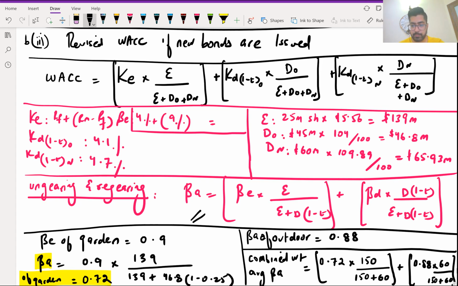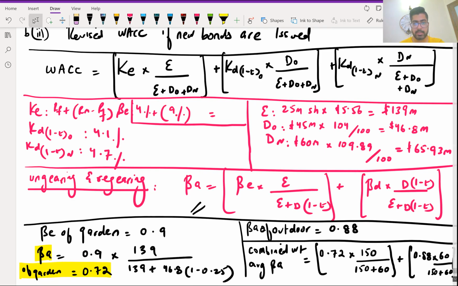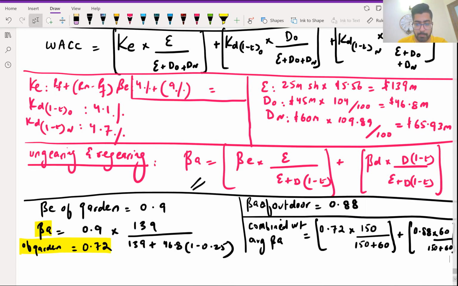This will give you the combined beta asset, because 0.72 is for garden and its size is 150 over 150 plus 60, and the other is 0.88 because now the company has 2 units. And 60 is its size. Non-current assets represent the size. 0.77 is the combined weighted average beta asset.